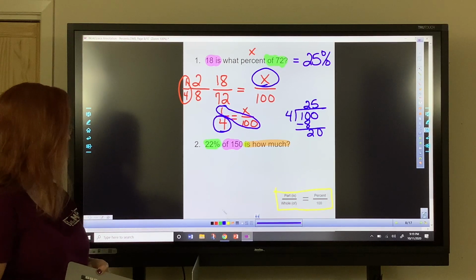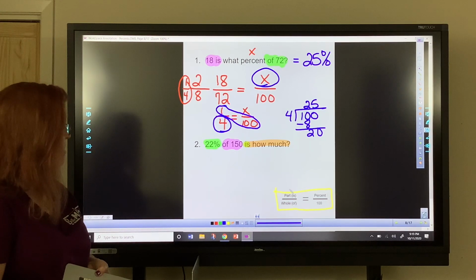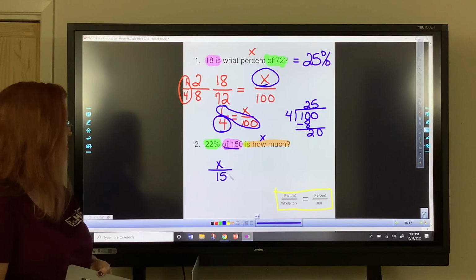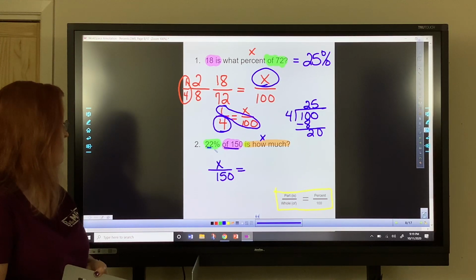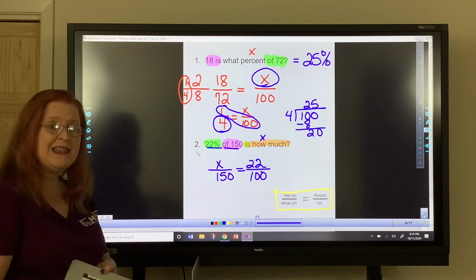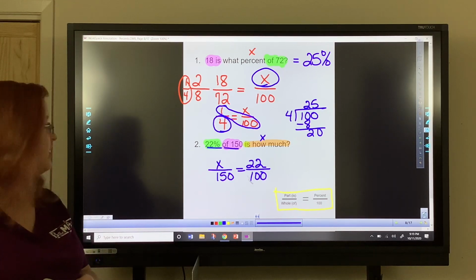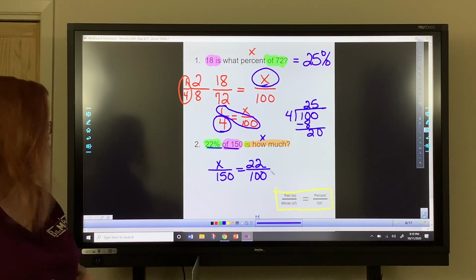So if we plug this in, part is our unknown. There's our variable, so that's our x. "Of" is 150, so x over 150 equals percent. Well, it's right there. It has the percent sign. So 22%, 22 over 100. Because you're writing that percent over 100, you don't use the percent sign at this point.